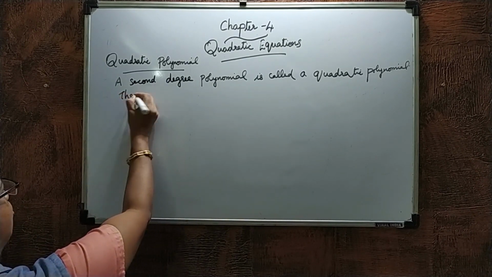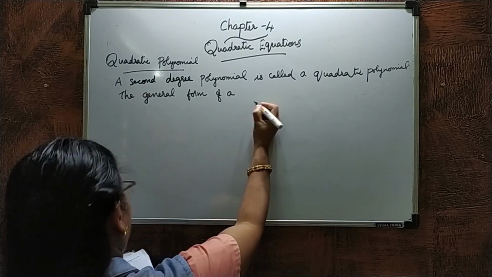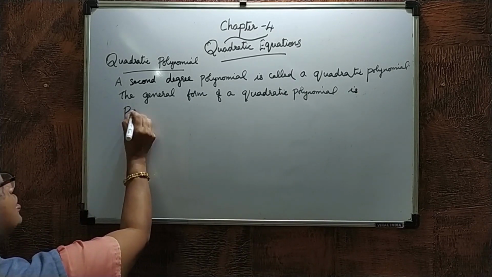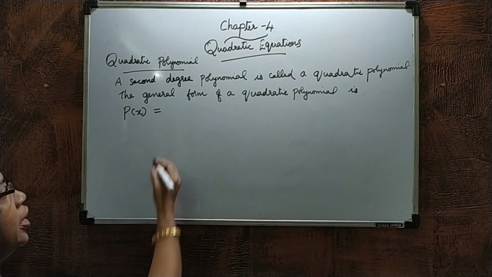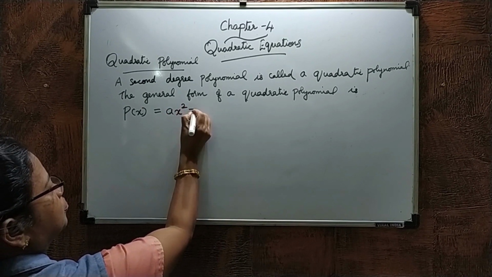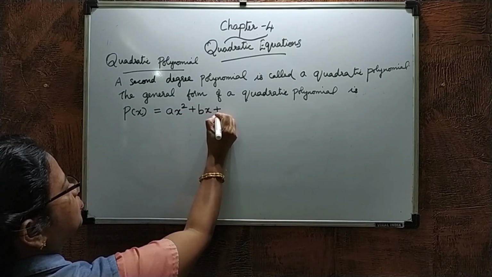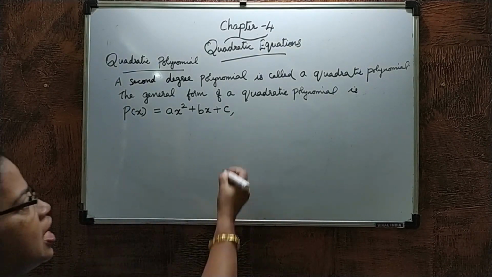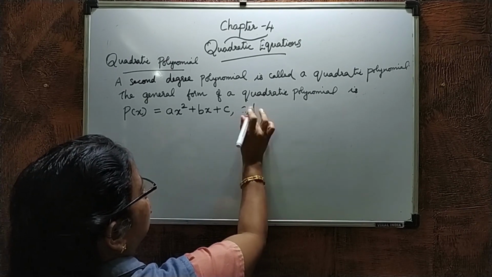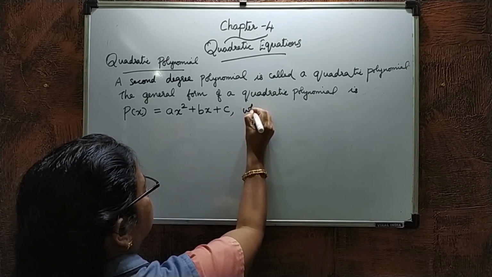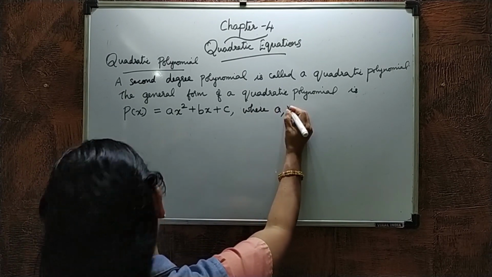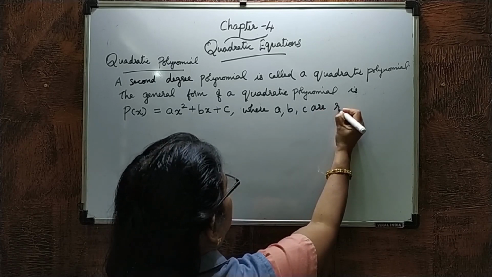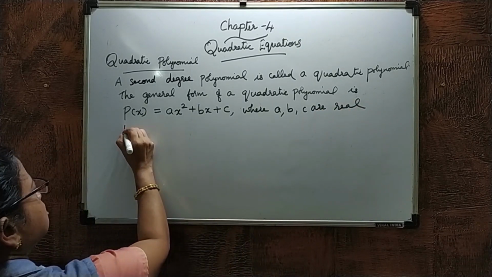The general form of a quadratic polynomial is p of x is equal to ax square plus bx plus c, where a, b, c are real numbers.